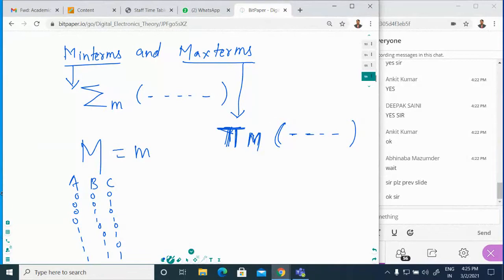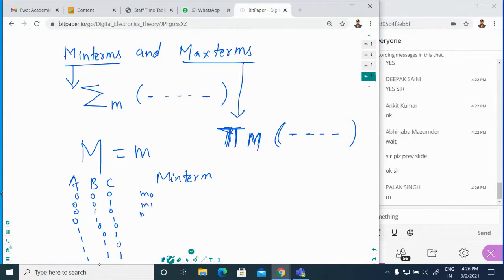So the maximum value is 7, from 0 to 7, so the total is equal to 8 combinations for 3 variables. So how can you represent the min term? It is represented by small m: m0, m1, m2, m3, m4, m5, m6 and m7.